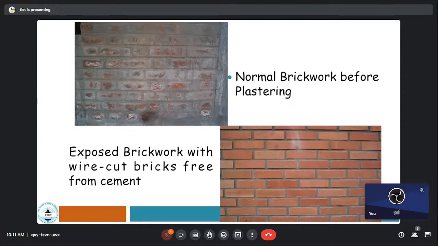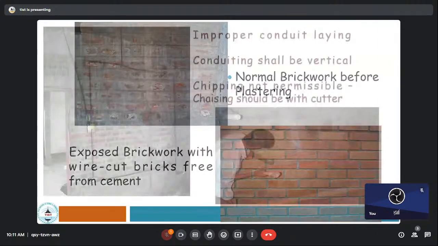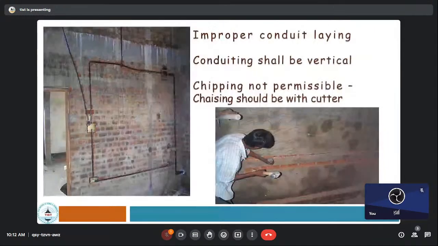In the plastering process, it is very important that before it, we do all sorts of electric conduit works. You can see the wall dimension is just 3 meters, and look how many electrical conduits are there in one simple wall, all at the horizontal level. Why is this a problem?